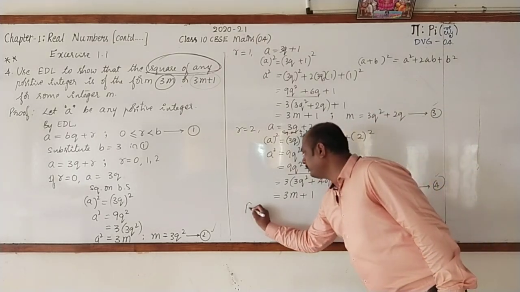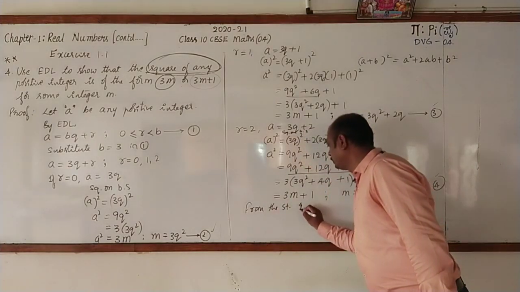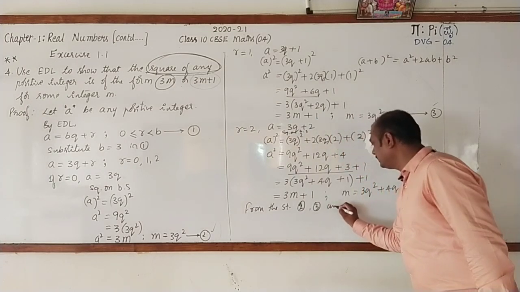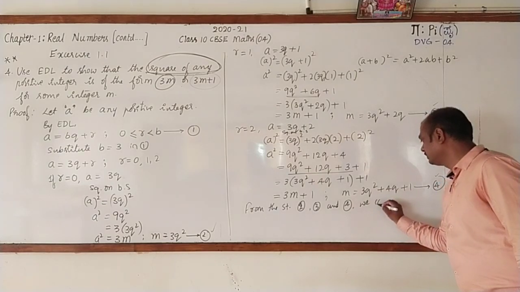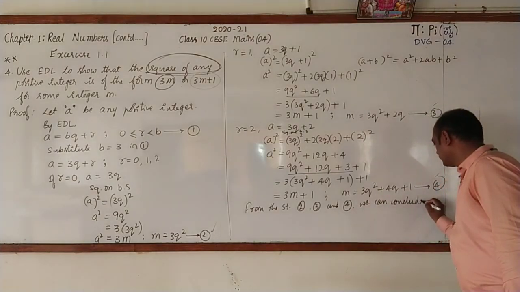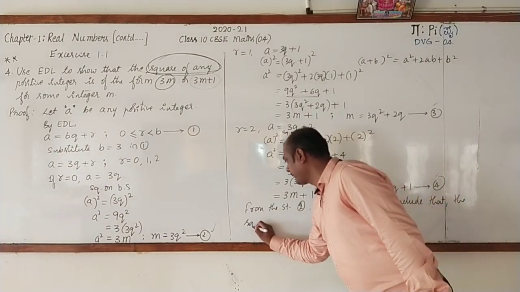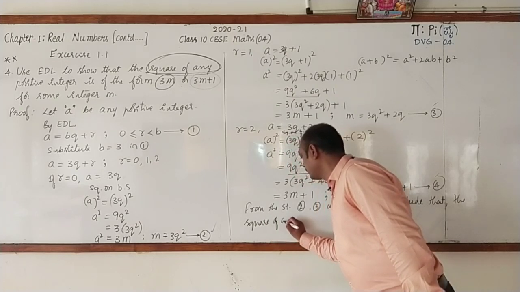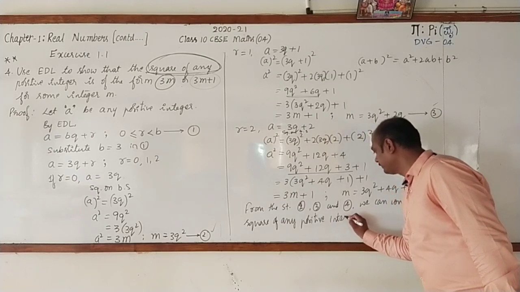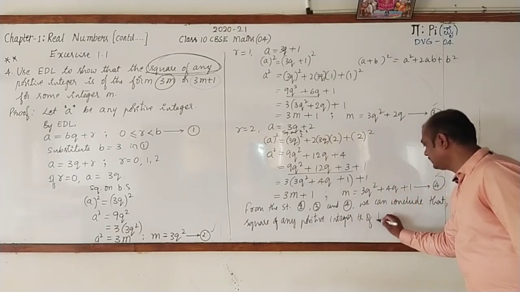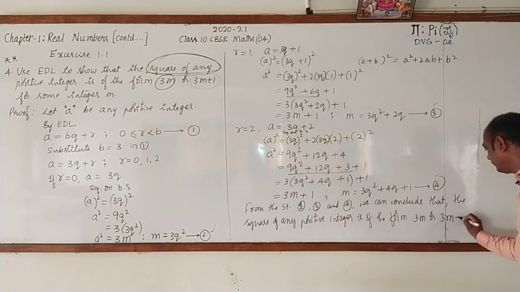Here I'll write: from the statements 2, 3 and 4, we can conclude that the square of any positive integer is of the form 3m or 3m plus 1.